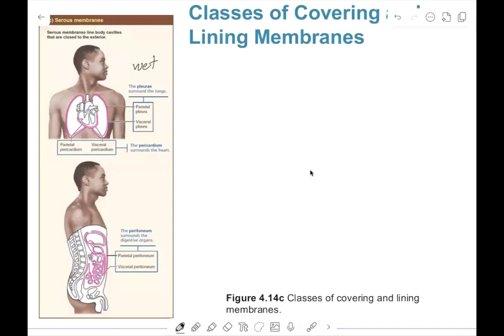So within the ventral cavity, remember the ventral cavity can be subdivided into the thoracic cavity as well as the abdominopelvic cavity. And then that can be further subdivided into the abdominal cavity as well as the pelvic cavity.